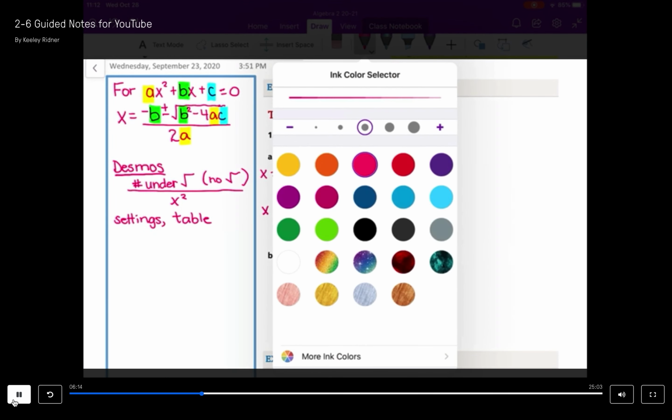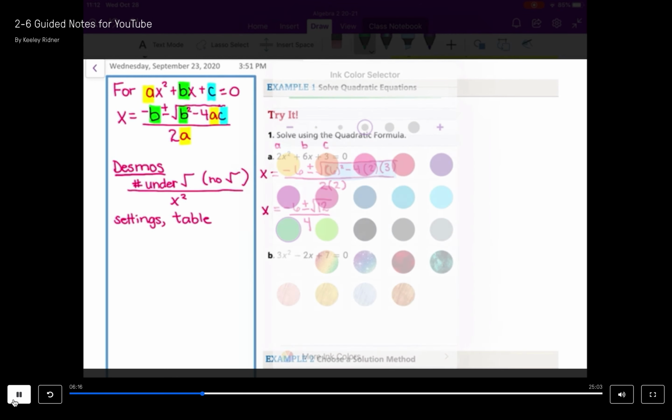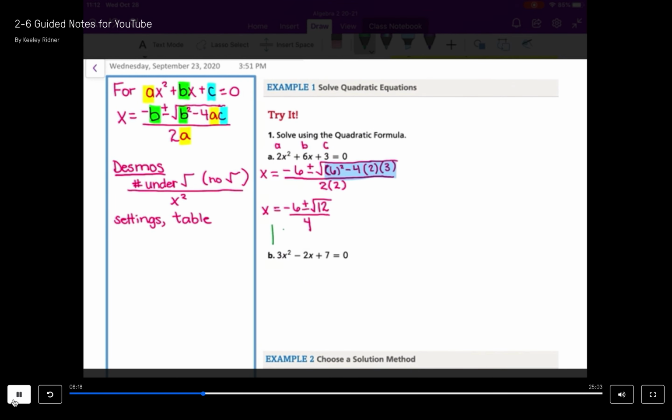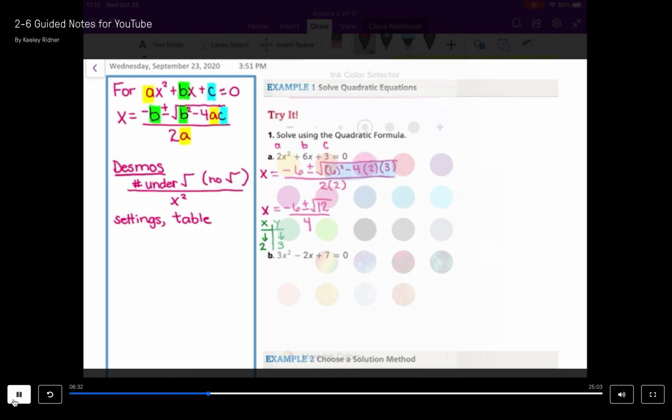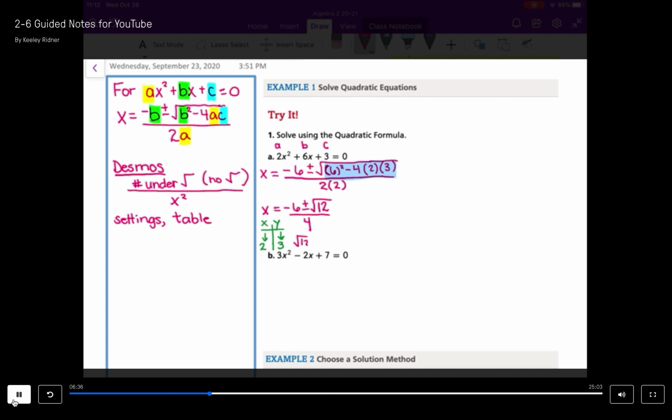So for this example, when I went as far down as I could on the table, I had 2, 3 on my XY table in Desmos, right? So that means that the square root of 12 is equal to 2 square root 3.